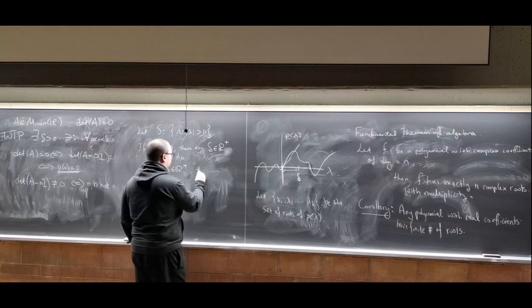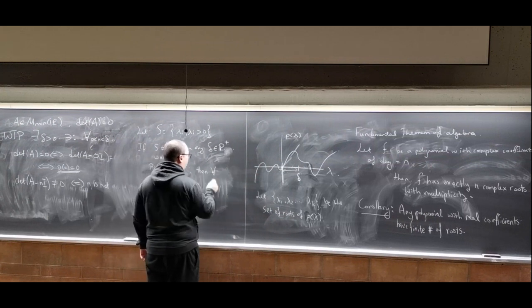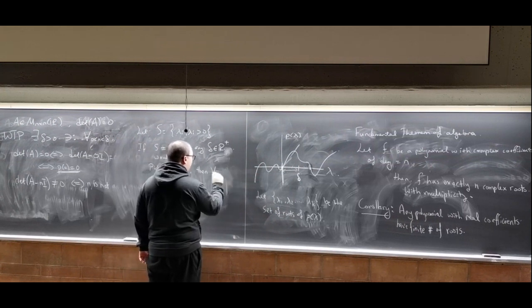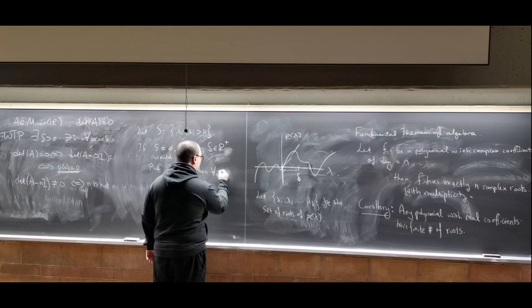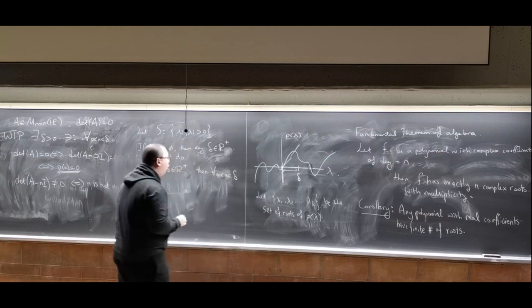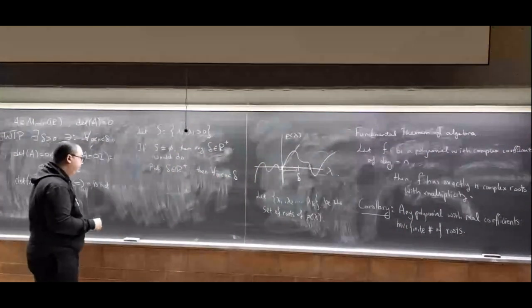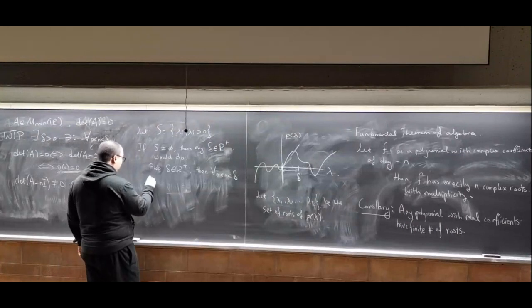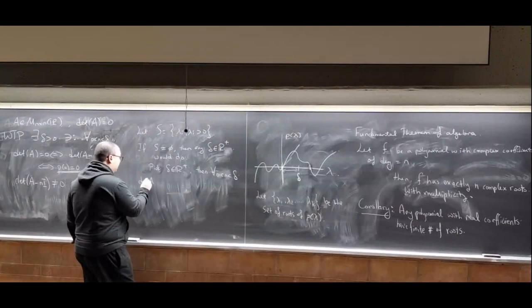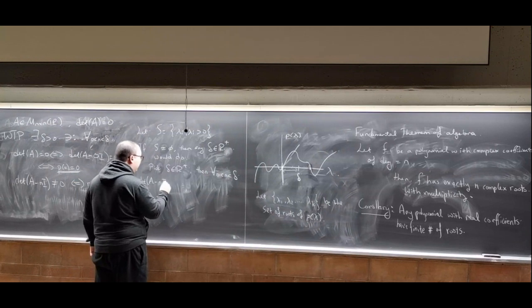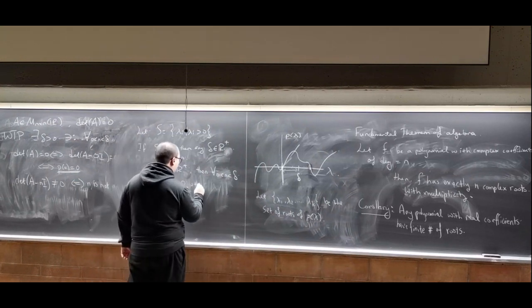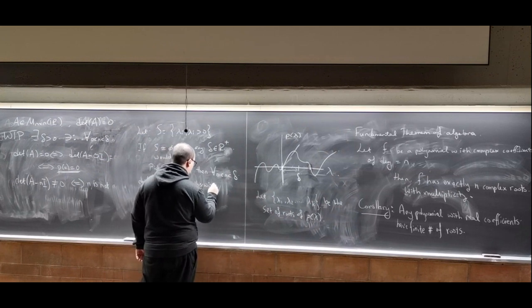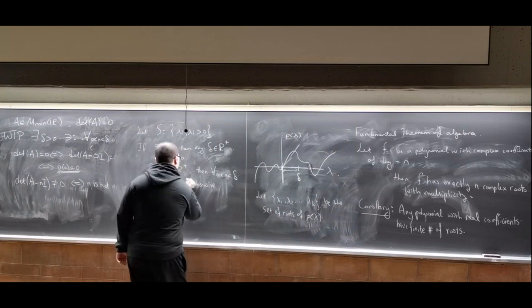Then for all n that are smaller than delta, the determinant of A minus nI does not equal 0.